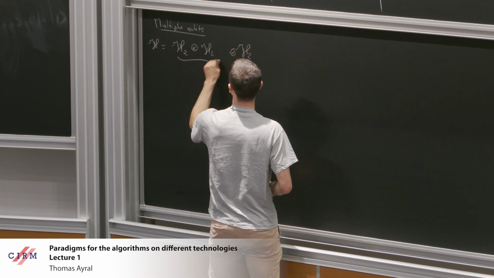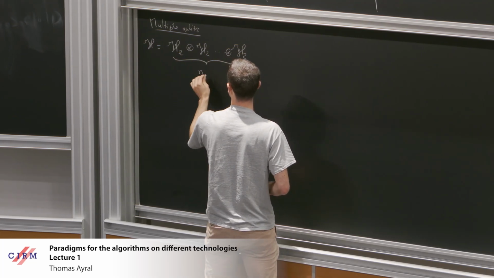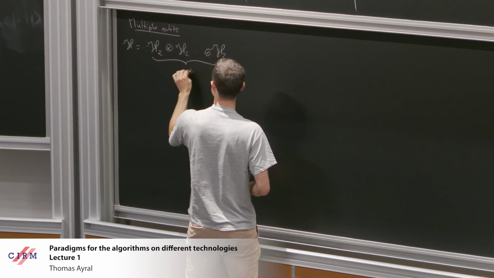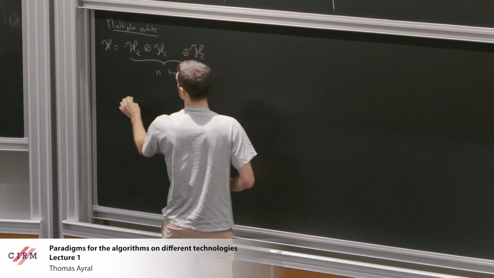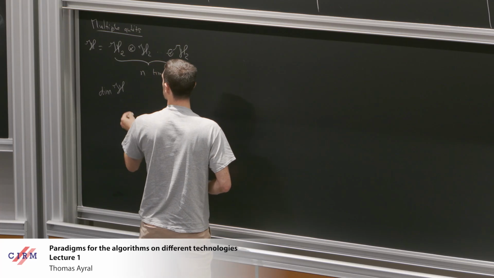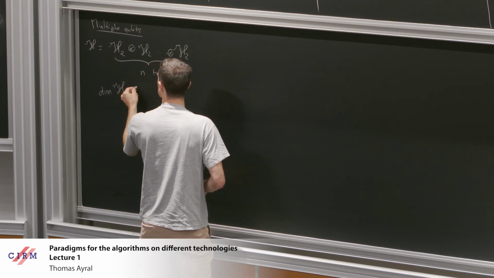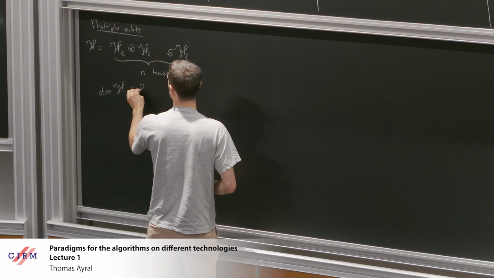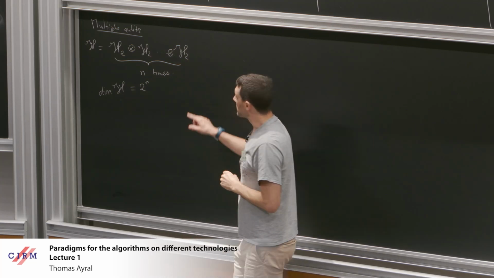I'm going to have small n of them. And in particular, you see that the dimension of this tensor product of vector spaces is 2 to the n. It's a huge Hilbert space.